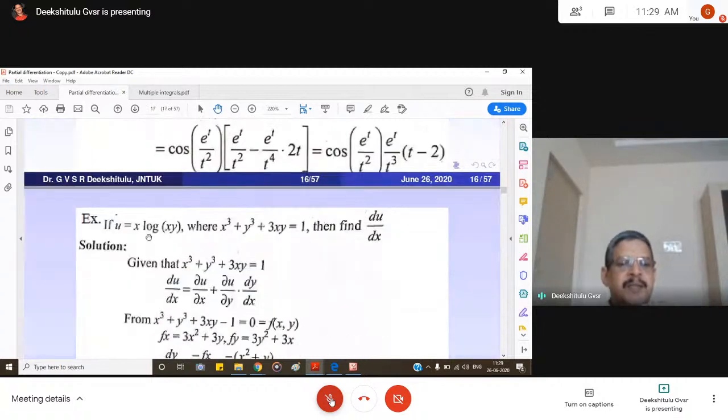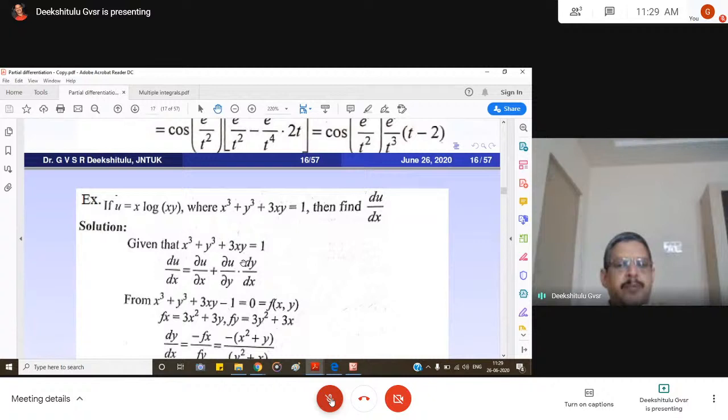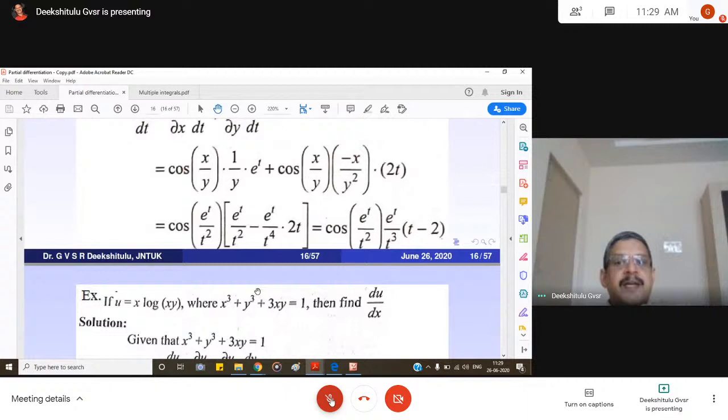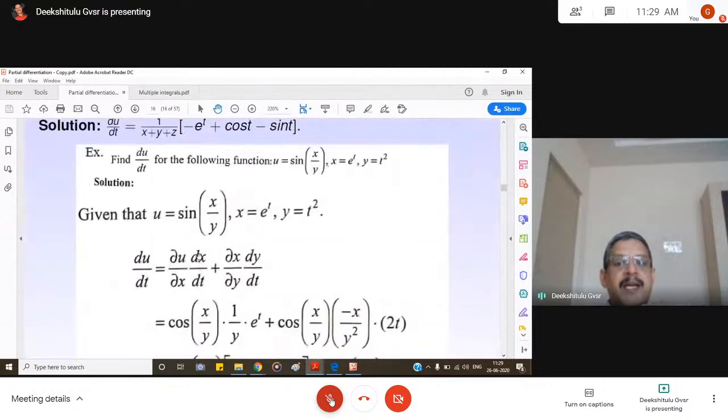Then u is equal to x into log of xy, where x cube plus y cube plus 3xy is equal to 1. Find du by dx. So du by dx is dou u by dou x into dx by dx.